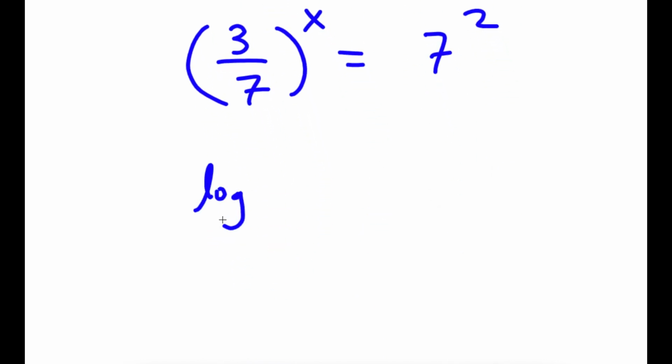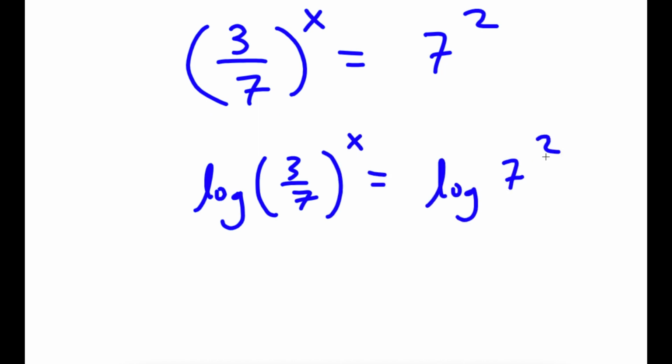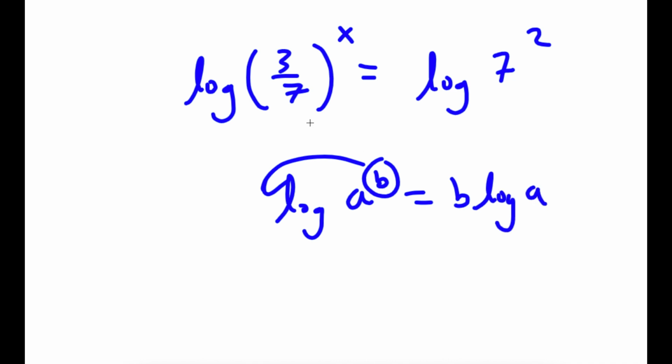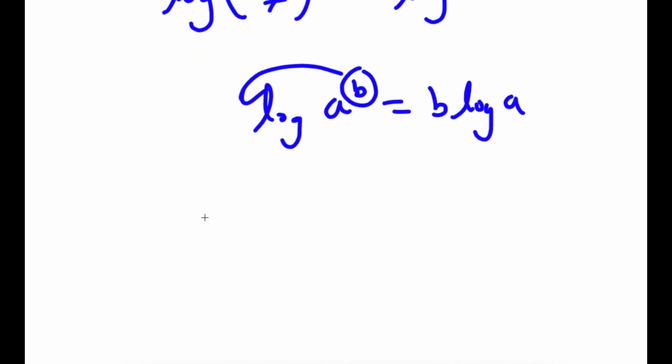And now I'm going to take the log on both sides, so I have log 3 over 7 to the power of x is equal to log 7 squared. And if I have something in the form log a to the power of b, I can move this exponent b to the front, so this is going to equal b times log a. So log of 3 over 7 to the power of x, I can move x to the front, and log 7 squared, I can move 2 to the front.